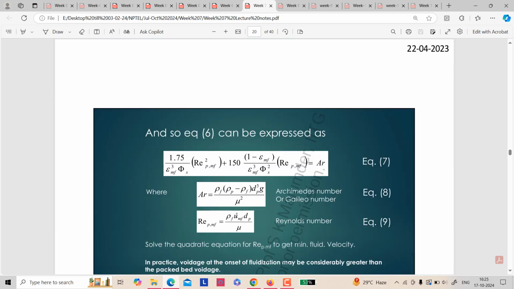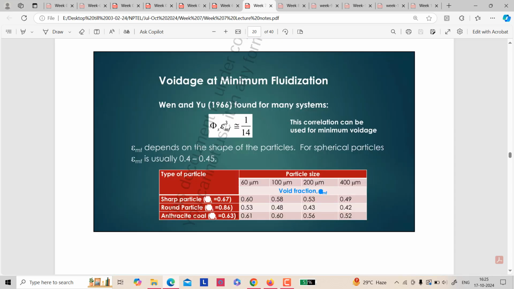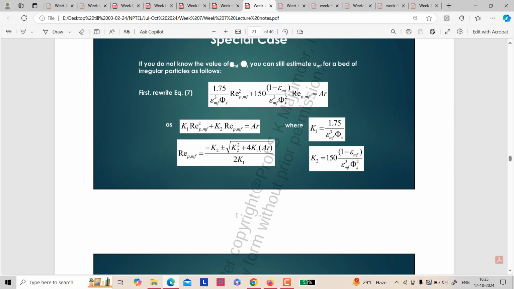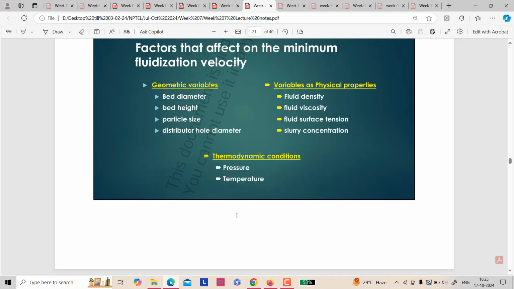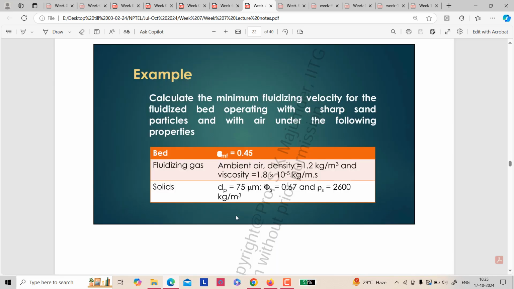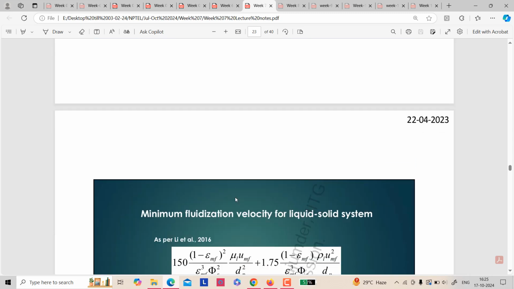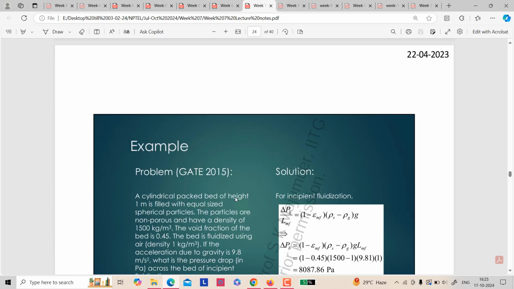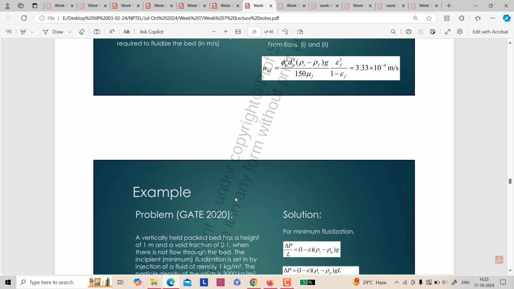In the minimum fluidization condition, the Ergun equation is a little bit different from the normal fluidized condition. These are some of the examples you should be able to do on your own, because in the exam this type of question may come.